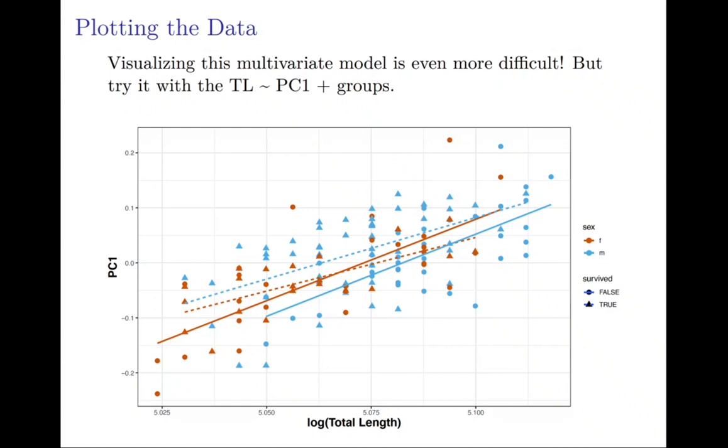Here the orangish colors are female birds, and the blues are male birds. For survived, circles are those birds that died, and those that survived are triangles with the dashed lines, and those with solid lines did not survive.